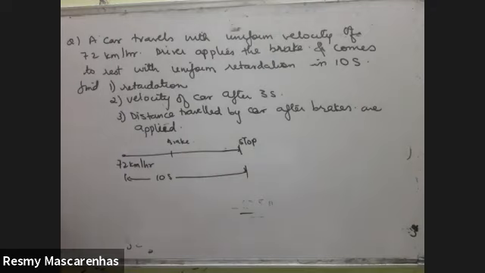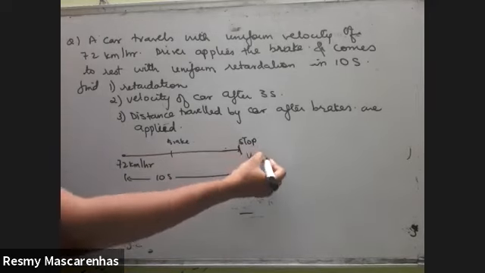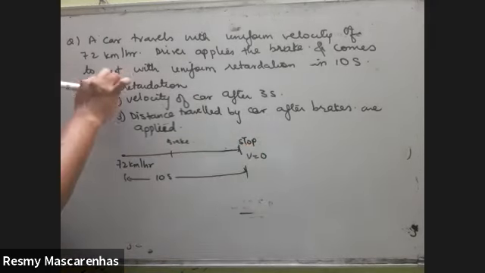So as per that, V will be 0 because we are told it is stopping, comes to rest. U is 72 kilometers per hour. So convert this because this is kilometers per hour.